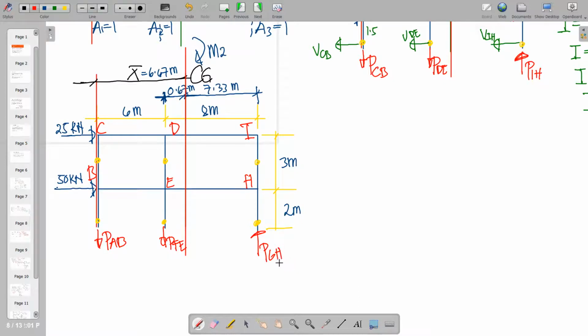So we solve for M2. So M2 shall be equal to, taking moments at this point, 25 times 5, and then plus 50 times 2, is equal to 225 kilonewton meter.